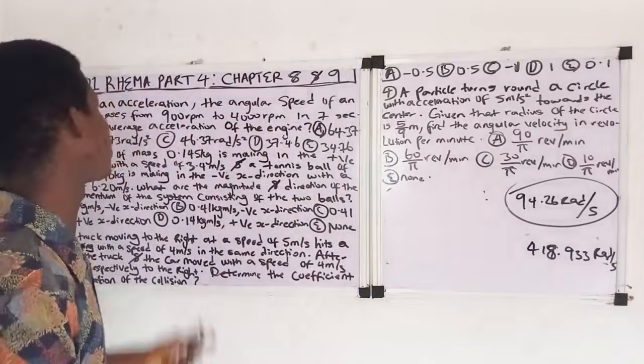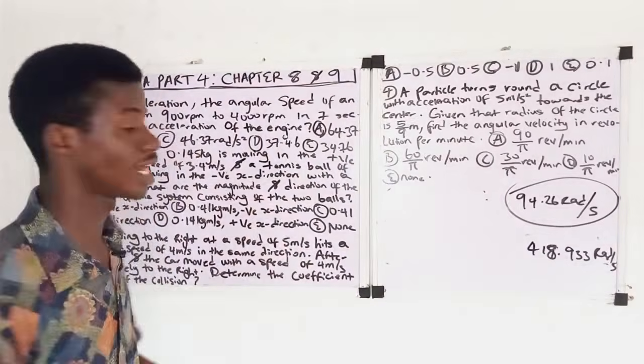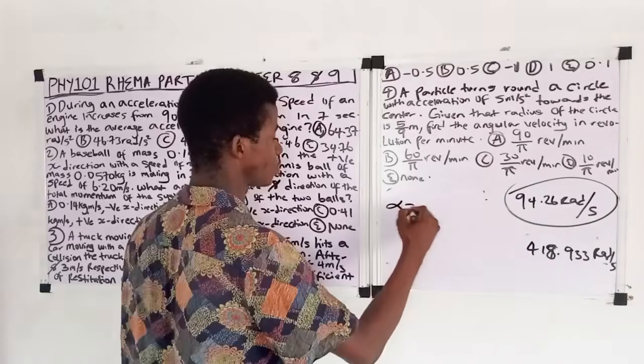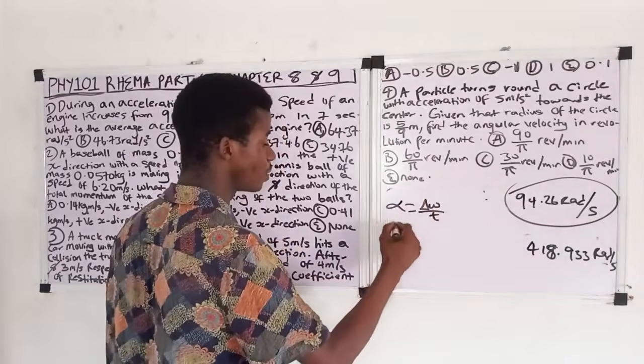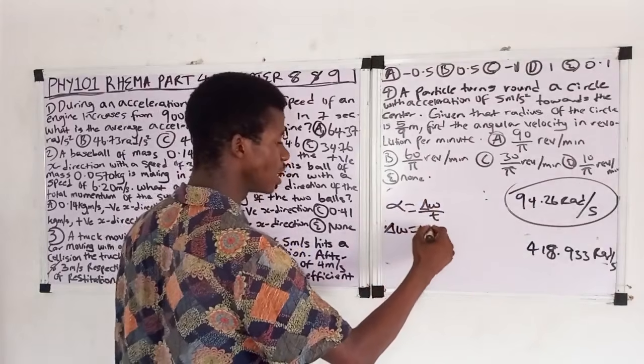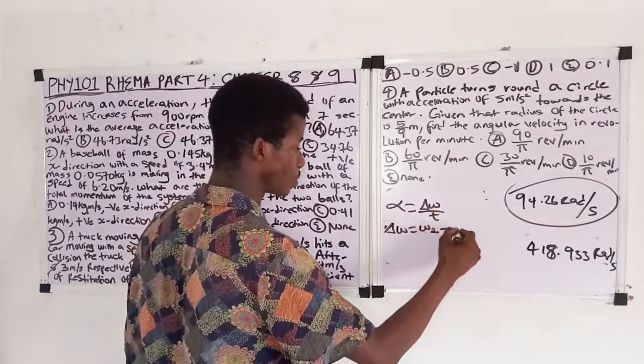Now what are we looking for? We're looking for the angular acceleration, right? Remember, angular acceleration is equal to the change in angular velocity divided by time. Change in angular velocity means W2 minus W1.